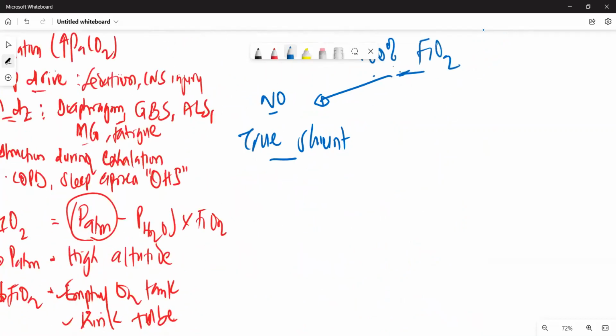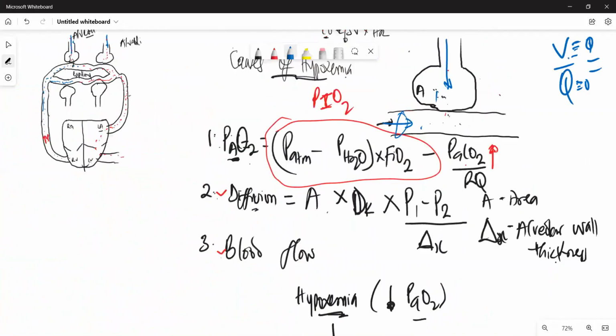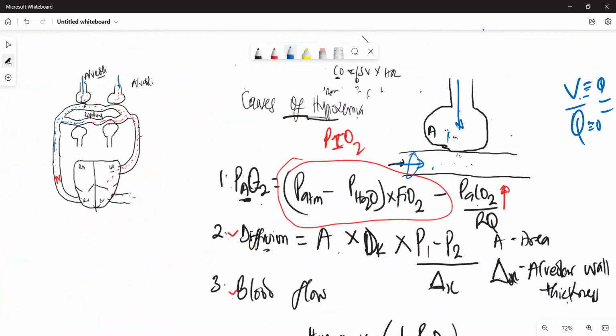To remember the causes of shunt, it could be a shunt in the cardiac system itself, like what we call a right to left shunt. If you look at our diagram right here, as I explained earlier, the blood flows in from the SVC and IVC, and ideally goes from the right atrium to the right ventricle, and from there into the pulmonary system and to the lung for oxygenation.